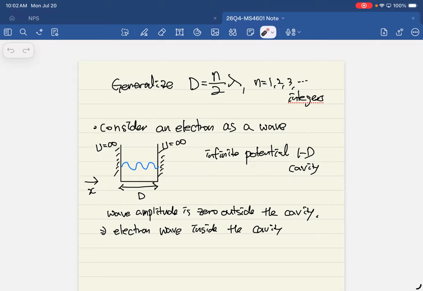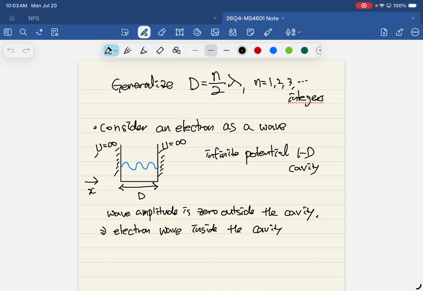After that, we consider an electron as a wave, and this electron is located within this cavity. As I described before, imagine these two walls as infinitely high walls. This is why we write U is infinity, where U is the potential energy.